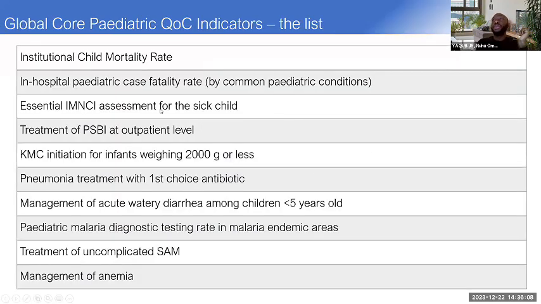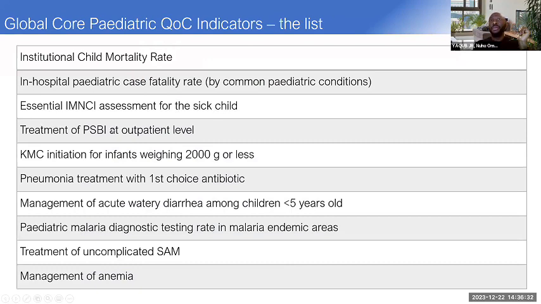So as I said, the list cuts across from impact to outcome to process to input. I'm broadly looking at child mortality rate, case fatality rate, then a lot of process indicators. Is IMCI properly institutionalized for assessing sick children?